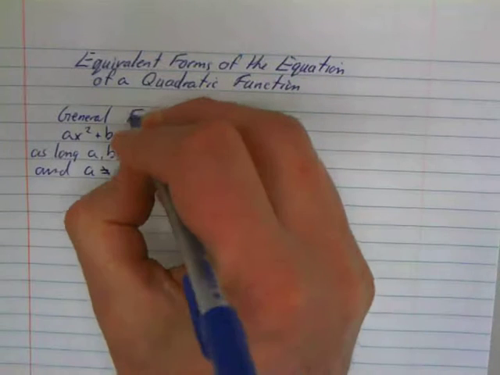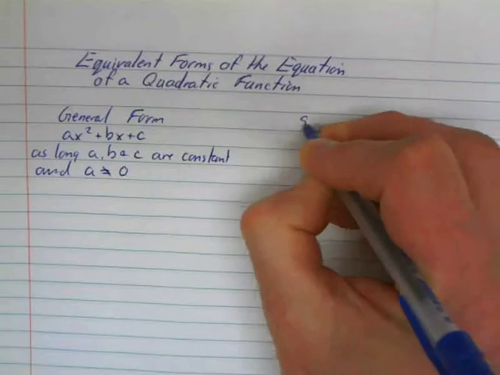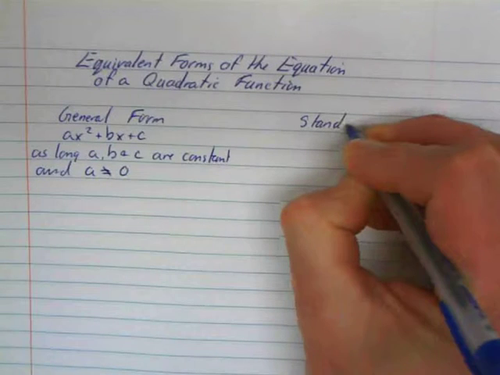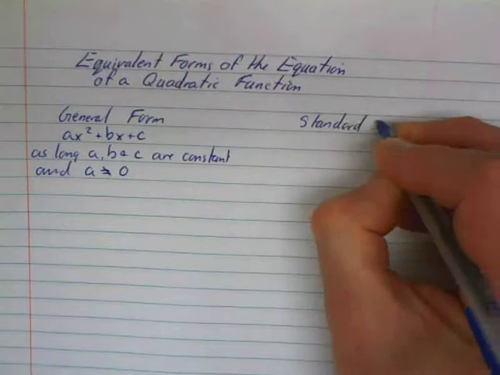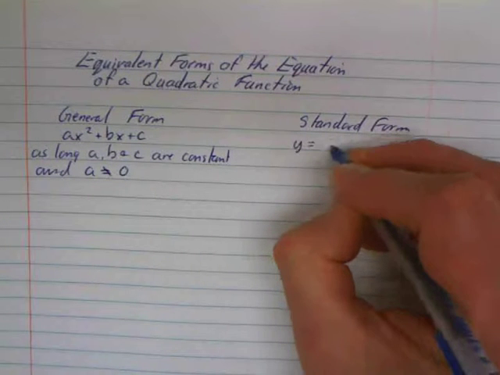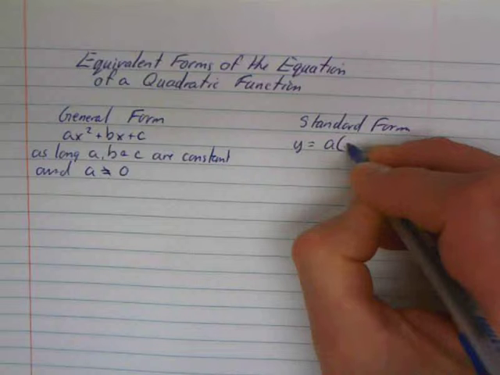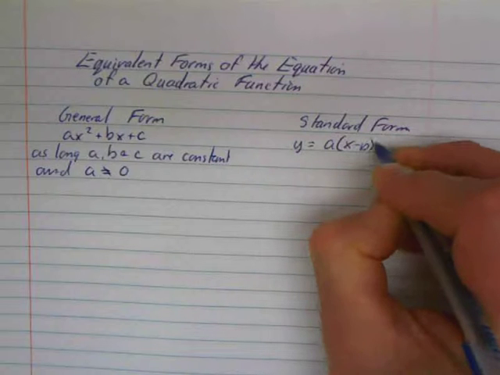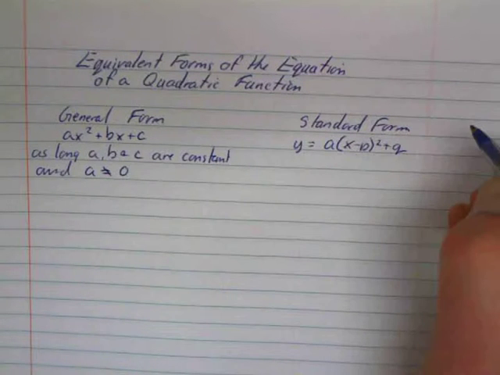That is the general form. The standard form, which we have just been looking at the last couple of days, deals with y is equal to a bracket x minus p bracket squared plus q.